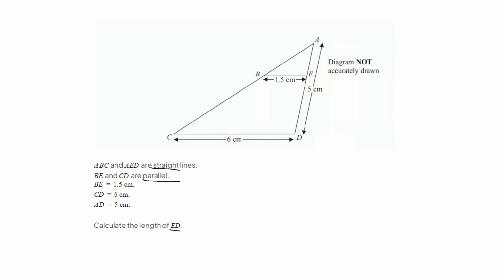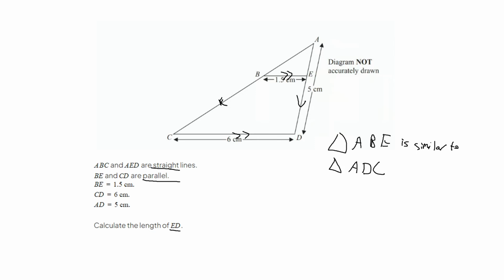Well, from this information, we can safely say that triangle ABE is similar to triangle ADC. And we know this because this is straight, this is straight, and these two are parallel, okay?